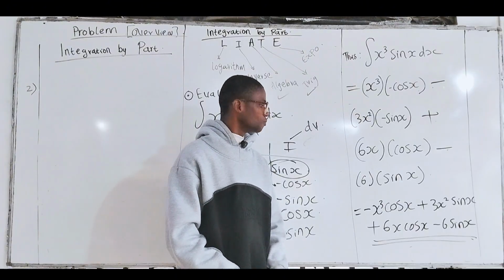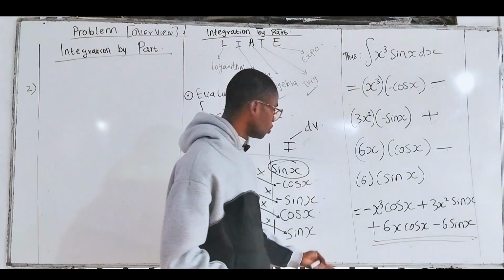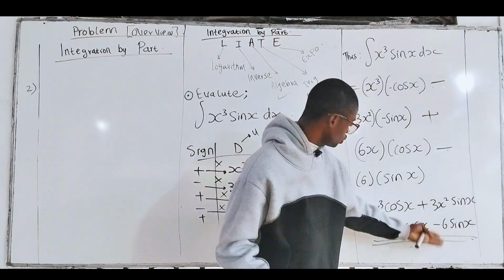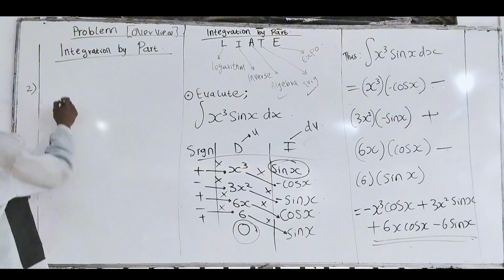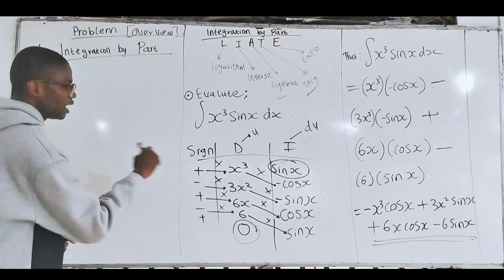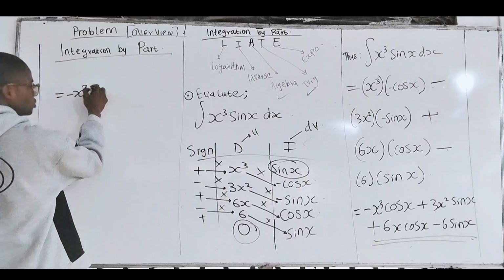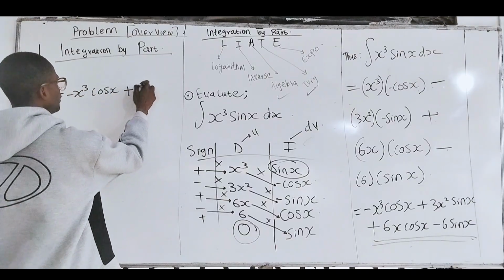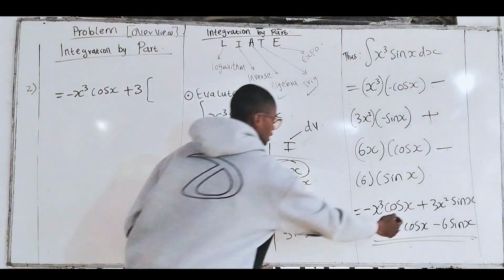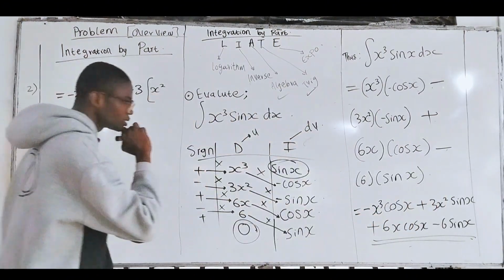So that's all. Now let us make it more neat. I can reconfigure this answer. Look at this format. Let us leave this out, then factor out 3. What do we have? X squared, right?